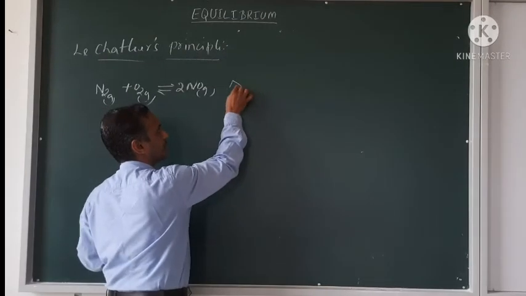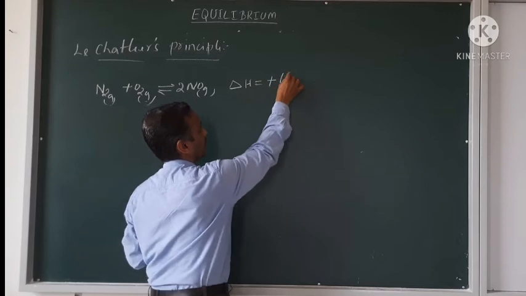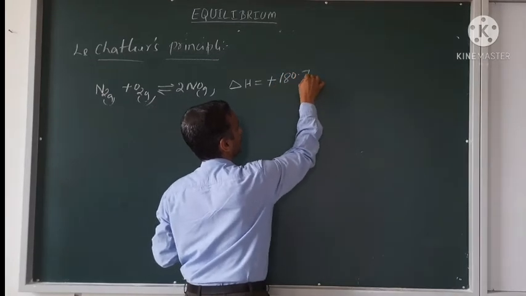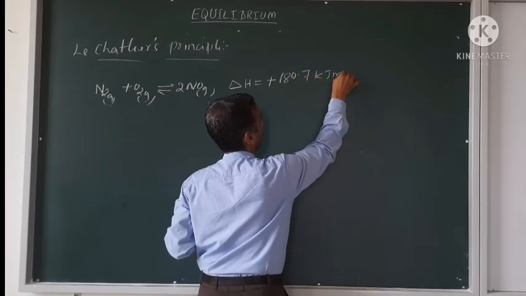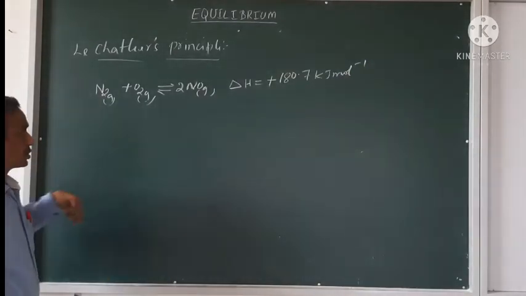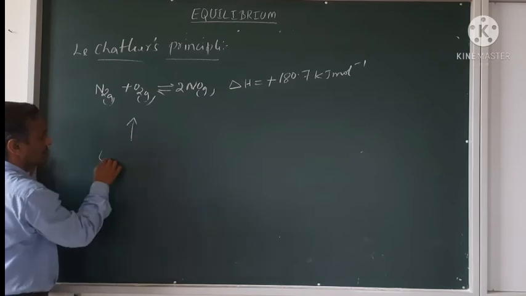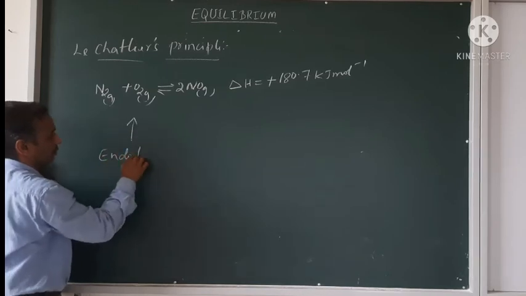So delta H, what I expected was negative, but here I have plus 180.7 kilojoules per mole of heat absorbed. It means this reaction is an endothermic reaction.